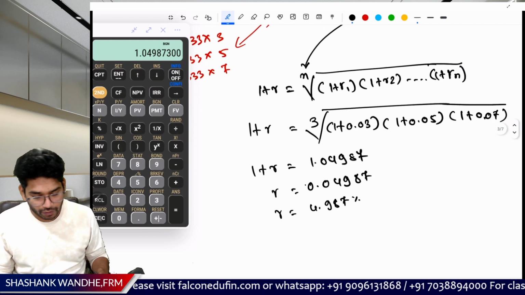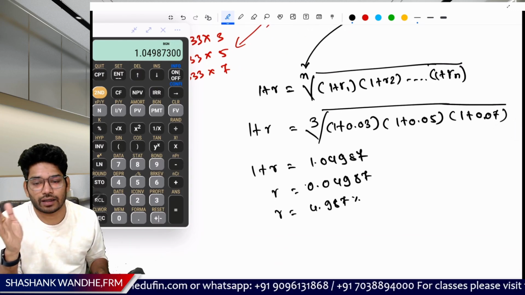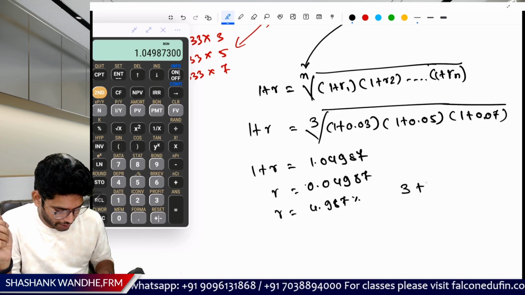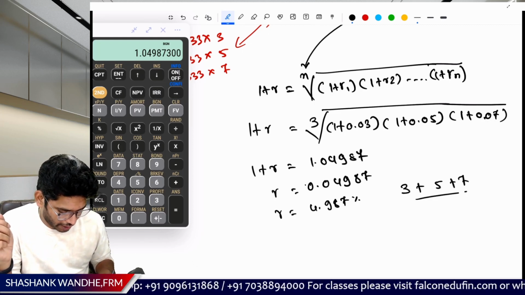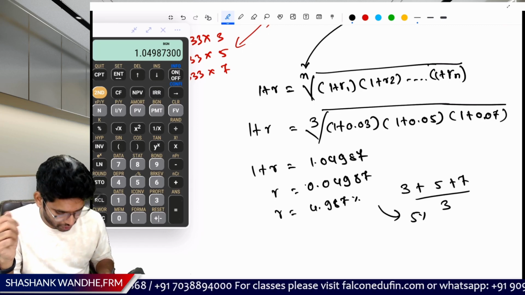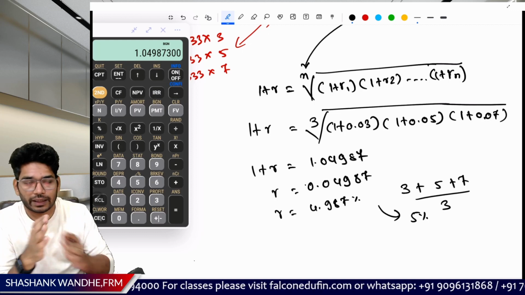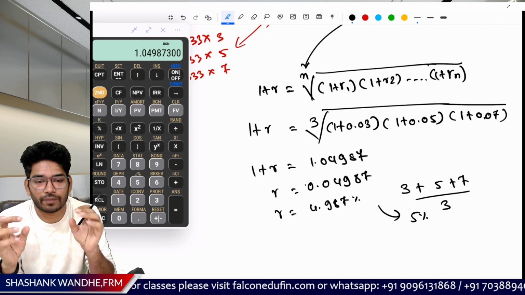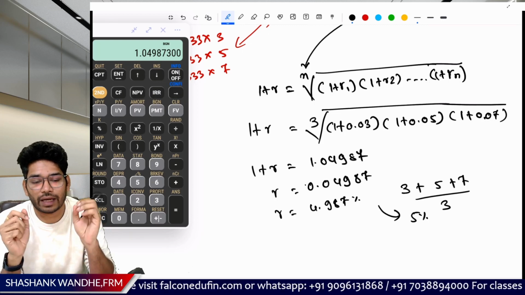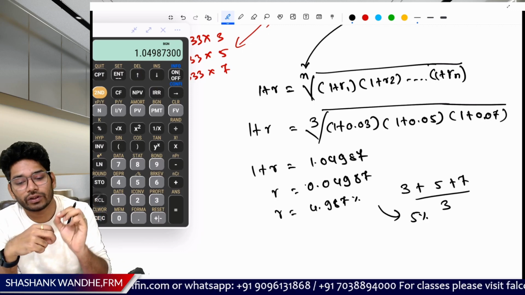Or say it like so, 4.987%. If you apply the arithmetic mean in this case, that is 3 plus 5 plus 7 divided by 3, you will get 5%. So in the exam you will get answers very close. But for example, say you don't have time in your exam and you are asked to calculate the geometric mean. My recommendation would be to calculate the arithmetic mean and select a value which is slightly below it.